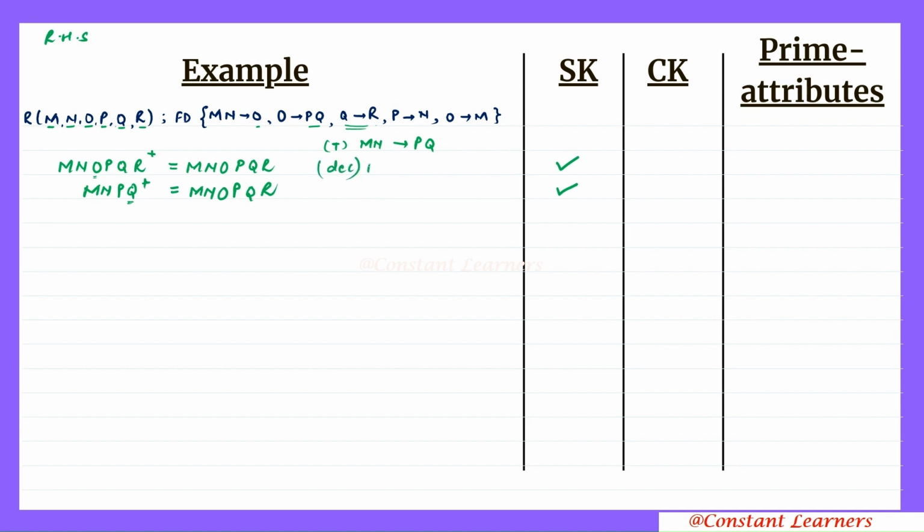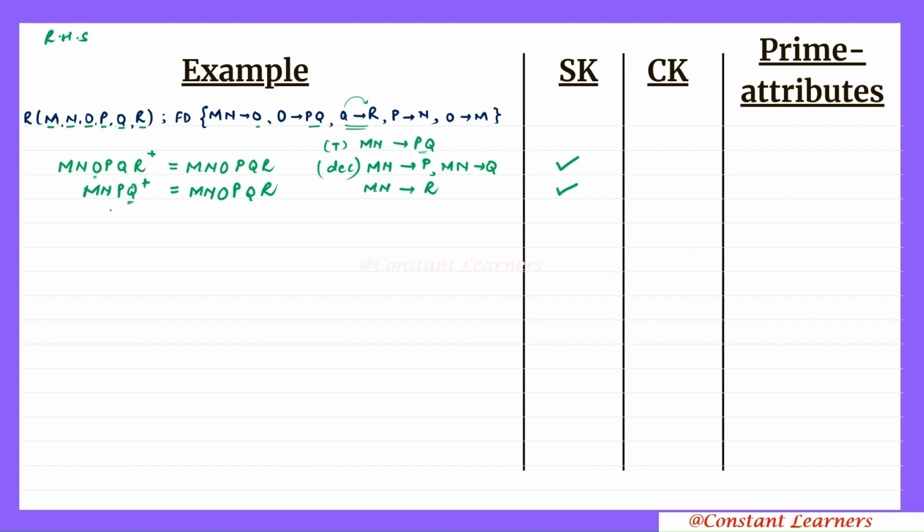As per the decomposition property, we can write this as MN determines P and MN determines Q, right? We can write it like this. We can only decompose the right hand side, okay? We can only decompose this side. We cannot decompose the left side, right? Now, if MN is determining Q and Q is determining R, then we can write that MN determines R, right?